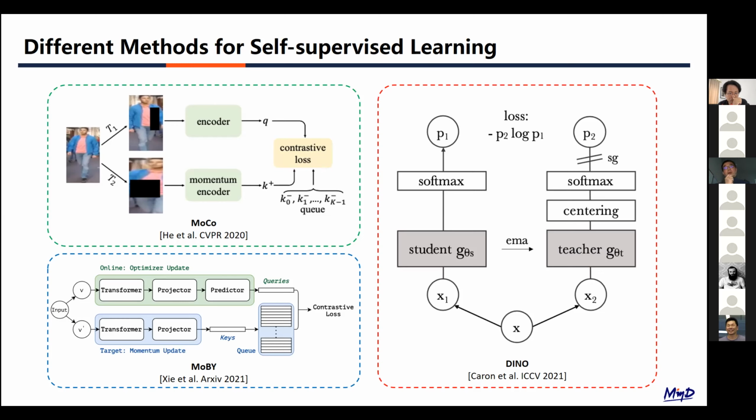All these three methods are based on contrastive learning. They probably differ in the data augmentation method being used, and also in how to appropriately alleviate the problem of introducing negative instances.